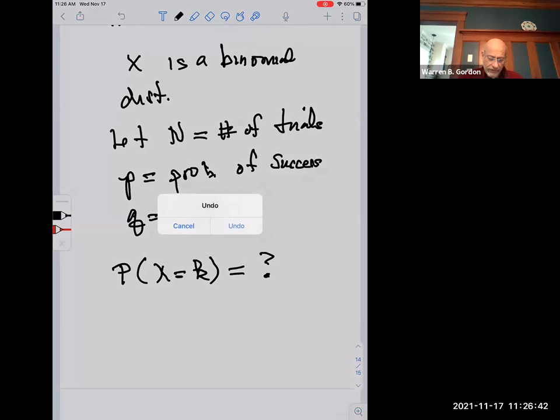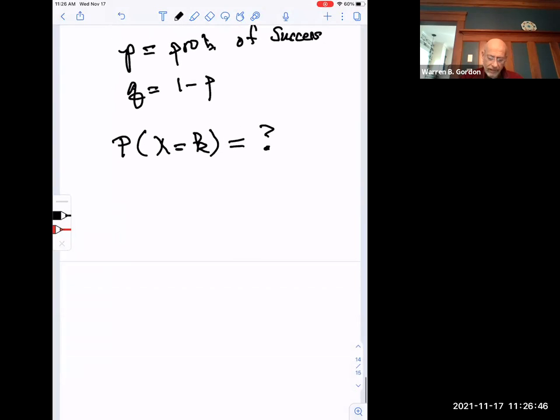I want to observe that for a binomial distribution, to designate that this is a binomial distribution, I might say it's a binomial distribution.